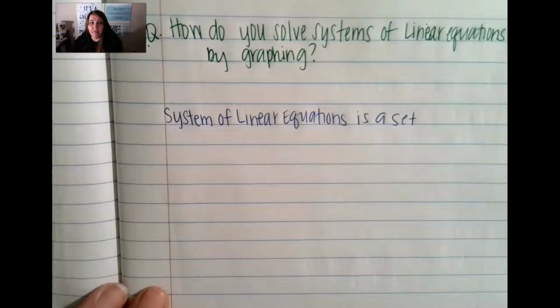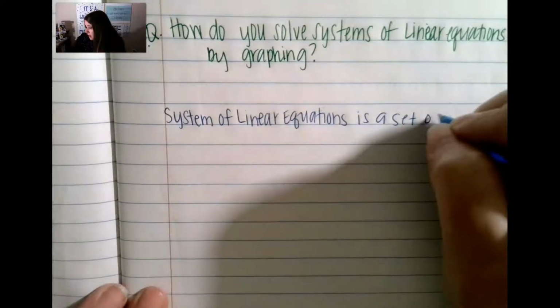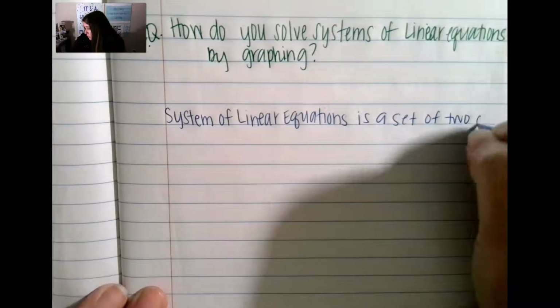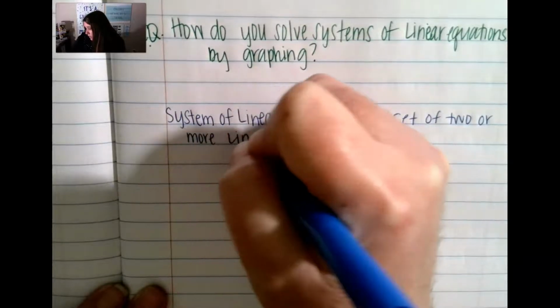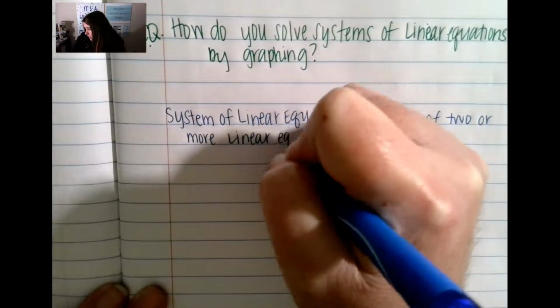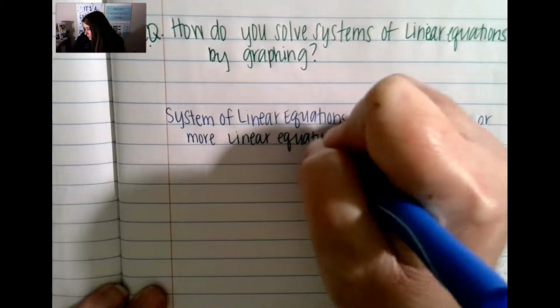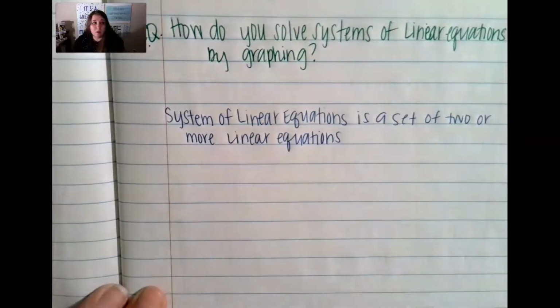So they would have two or more linear equations, and at some point they will work together.